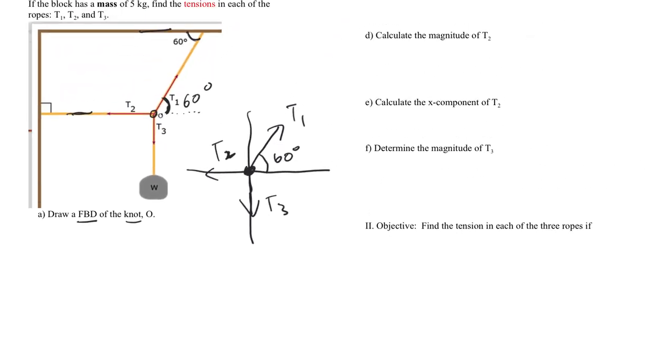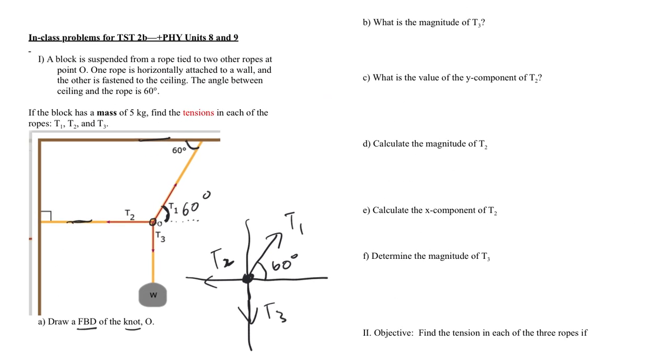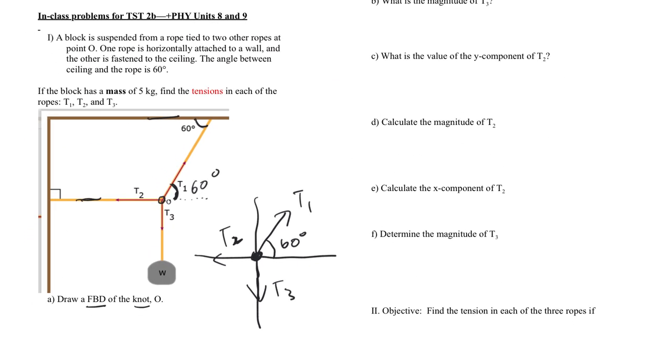Okay, letter B. What is the size of T3? Well, if you look at T3, it is equal and opposite to the tension in the rope that is supporting the weight. And because that weight is not accelerating up or down or sideways, the weight of that block is equal to T3.